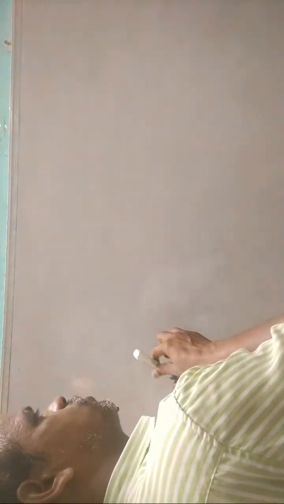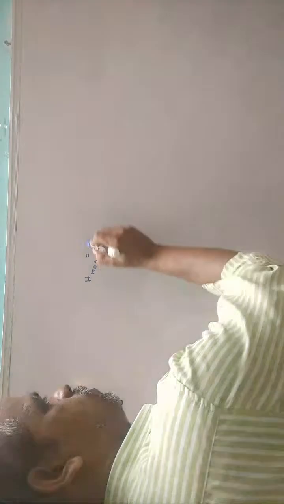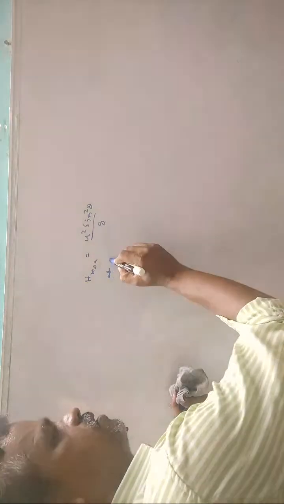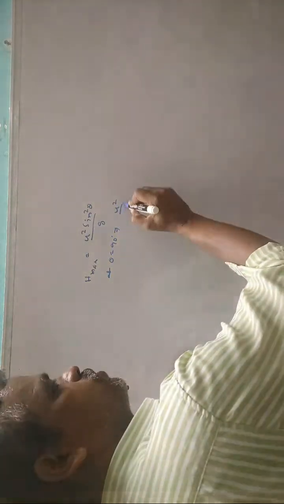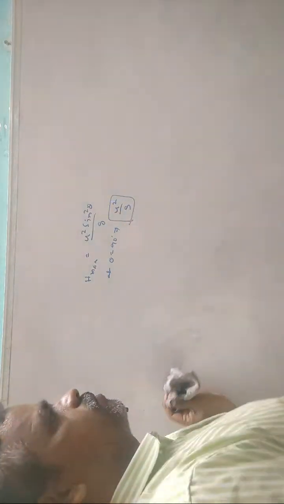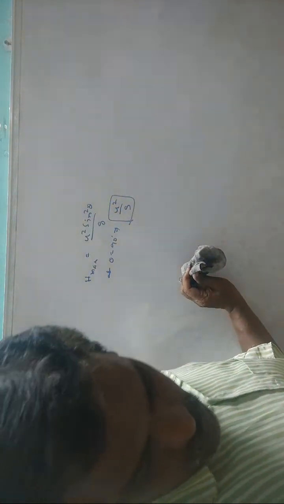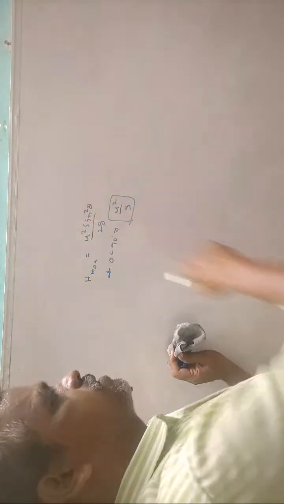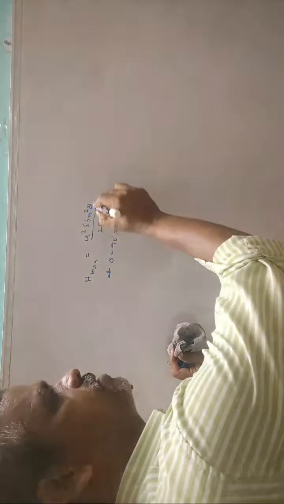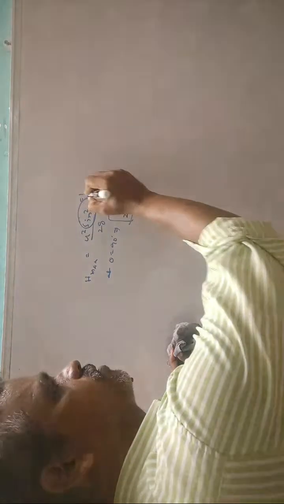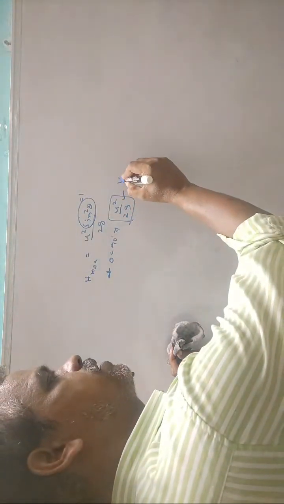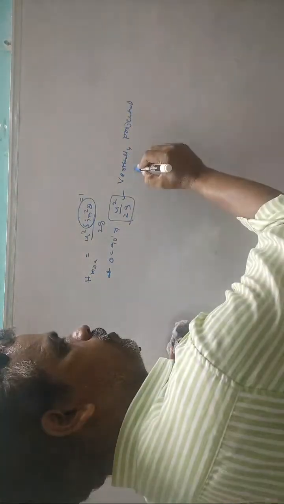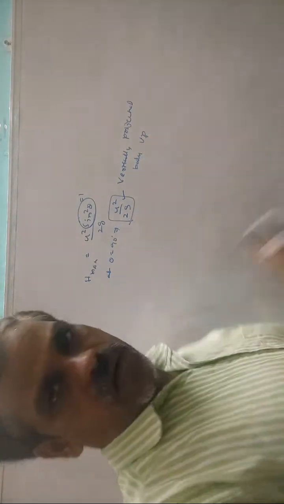Maximum height we can also do like this. Maximum height is u square sin square theta by 2g. Here also substitute theta equal to 90. Sin 90 will become 1, so u square by 2g. This is also equal to a vertically upward projected body.